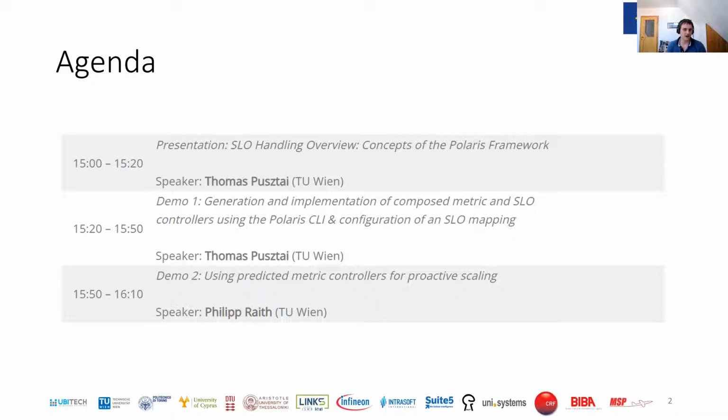Then I will do a demo and show you how to generate and implement a composed metric controller and an SLO controller using the Polaris framework, and how to configure an SLO using Polaris. And then my colleague Philip will show you how we can take everything one step further and actually use metric predictions for proactive scaling.